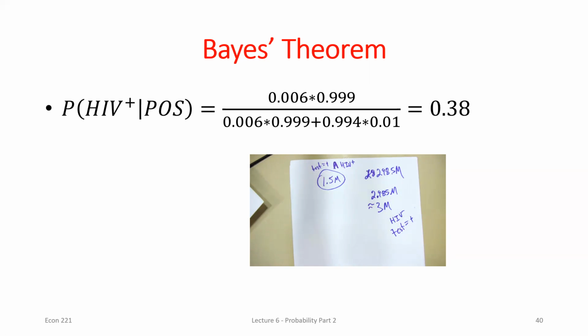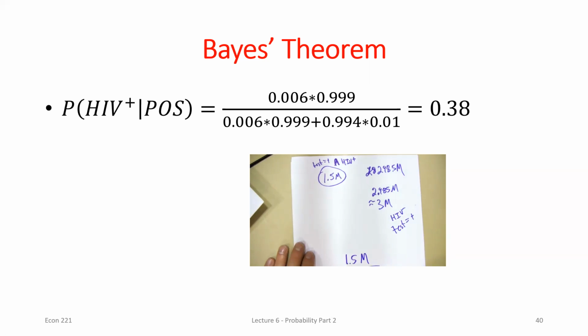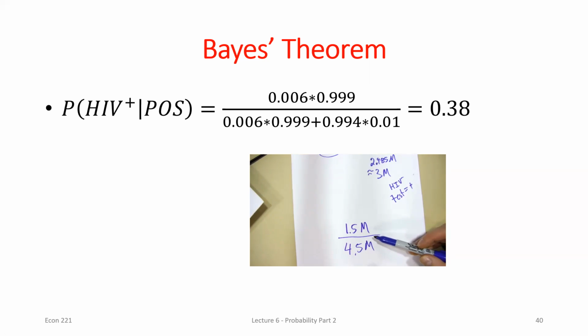So now if I'm thinking about my group of people who got a positive test result, there's 4.5 million of them, and only 1.5 million actually have the disease, right? So that's why when I see a positive test result, the probability they actually have the disease is as low as about 38%, okay?